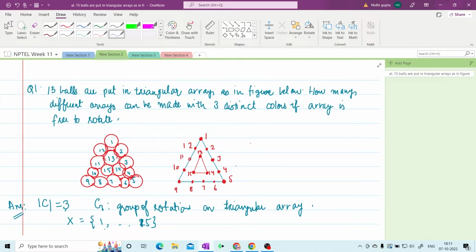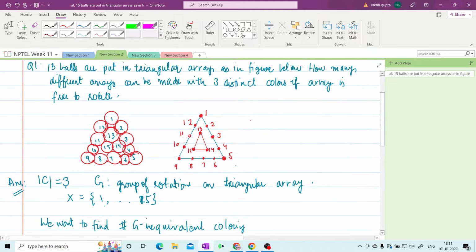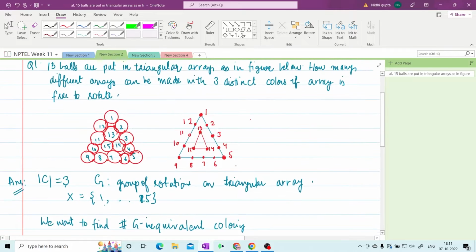So we have to find the distinct arrays that we can find. We'll solve this using the application of Burnside lemma. So what is our data given? The number of colors is 3. The group G is the symmetry, and the set X is these 15 balls, 1 to 15.